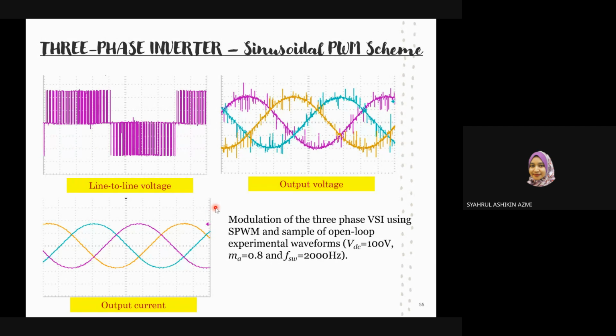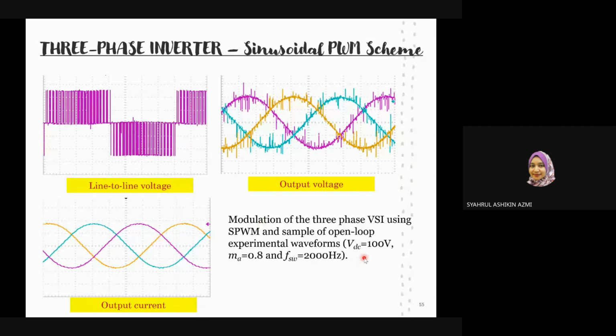For the phase voltage you can see a small spike over here, mainly maybe affected by the filter or the load, because these are experimental results, so there are lots of factors that contribute to the quality of the waveform.